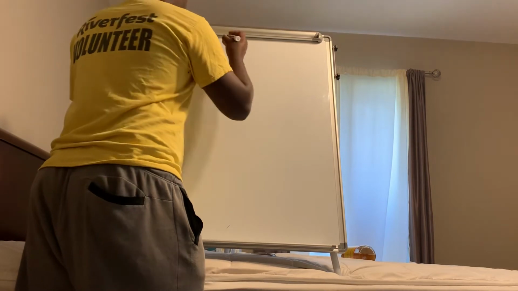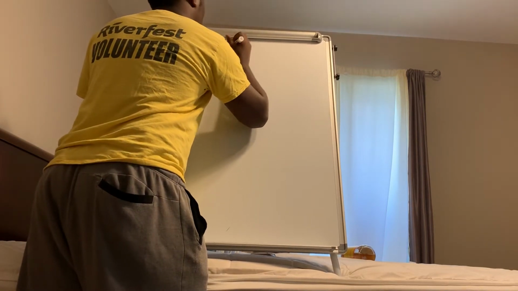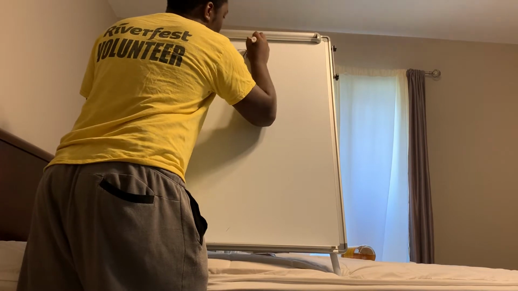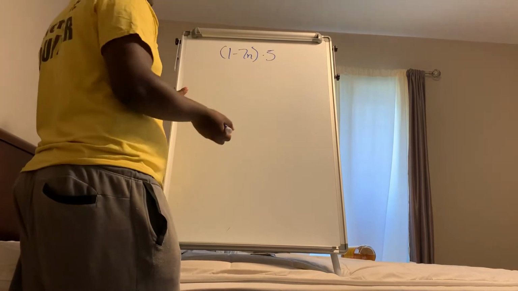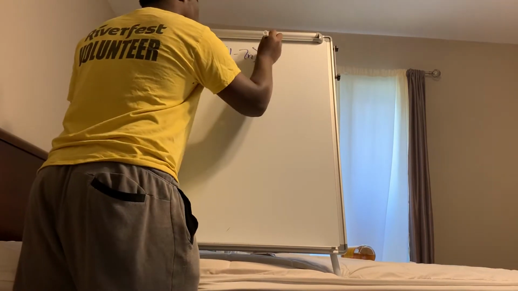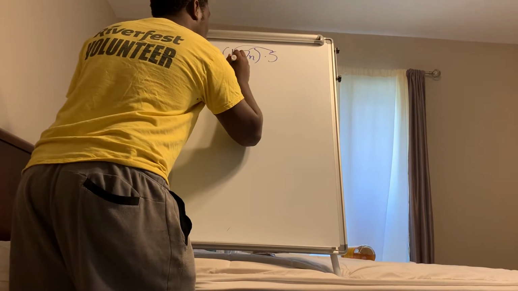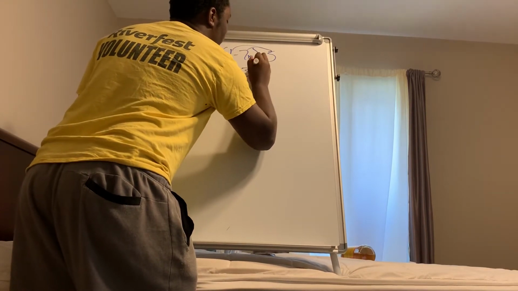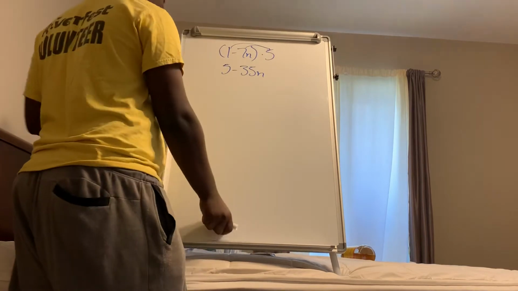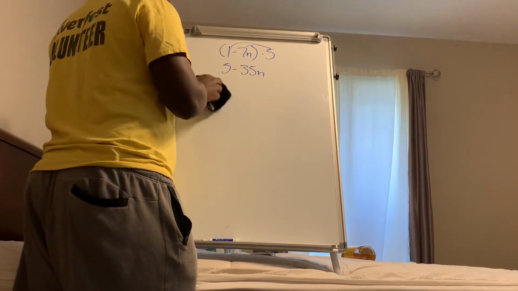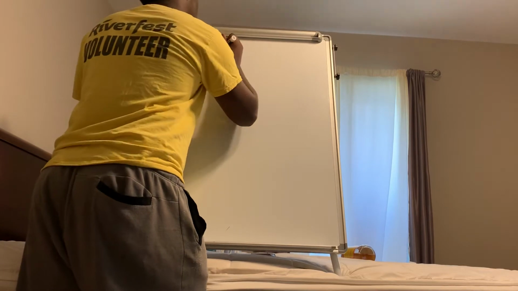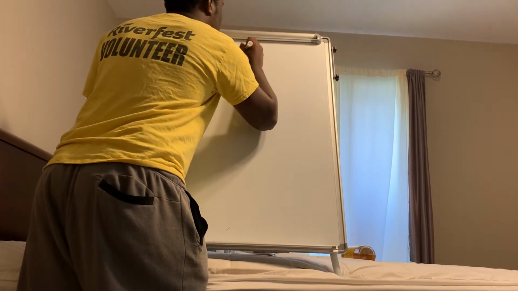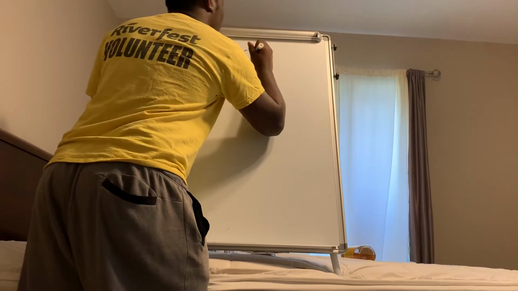The next question we have is 1 minus 7n times 5. Okay, so we're going to do the same thing. We're going to have 5 minus 35n. And we have negative 6 times x plus 4.